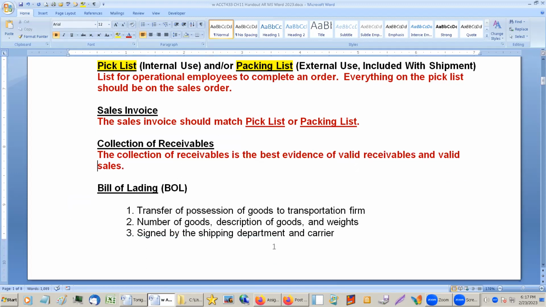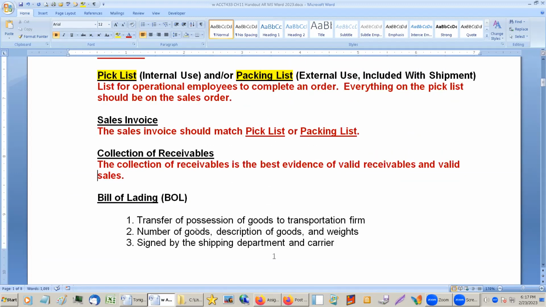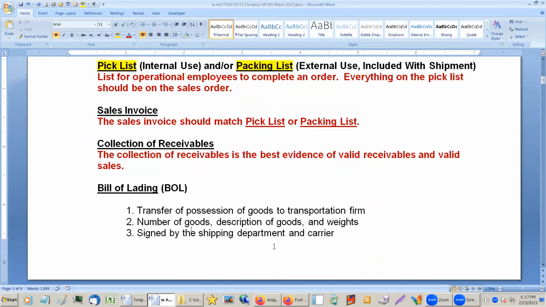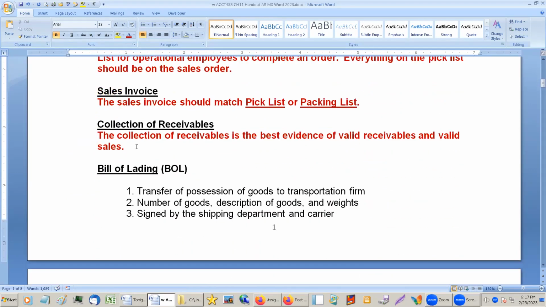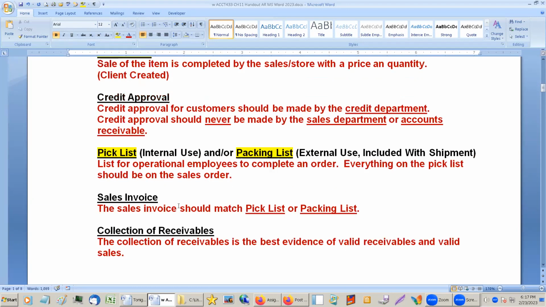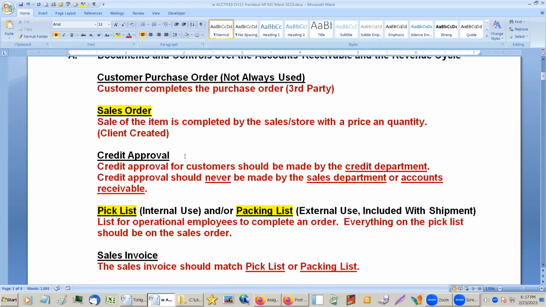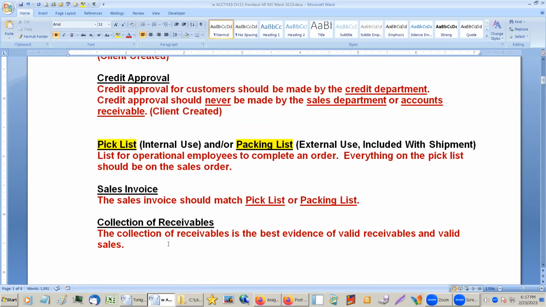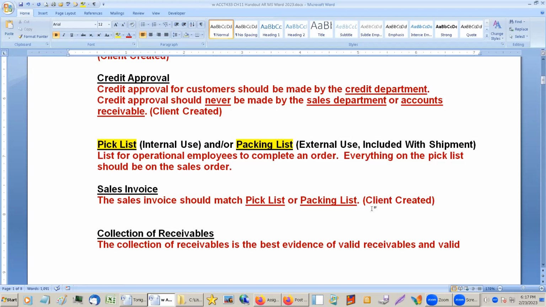If somebody actually pays for it. Okay. Now, we're going to come up to 2 of the most important documents on here. Now, of all these documents, all of these are going to be client created. Well, except for the purchase order, the first one. Professor, can you go back to collection of receivables? Absolutely. Collection of receivables is the best evidence of valid receivables. In other words, if somebody pays for it, it's hard to argue that it didn't exist.